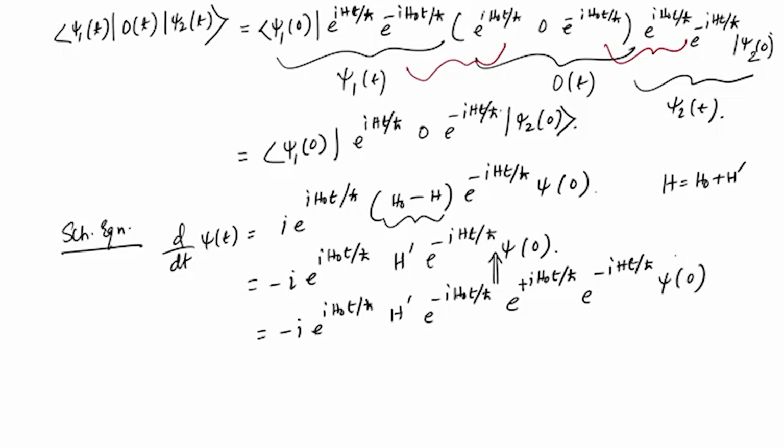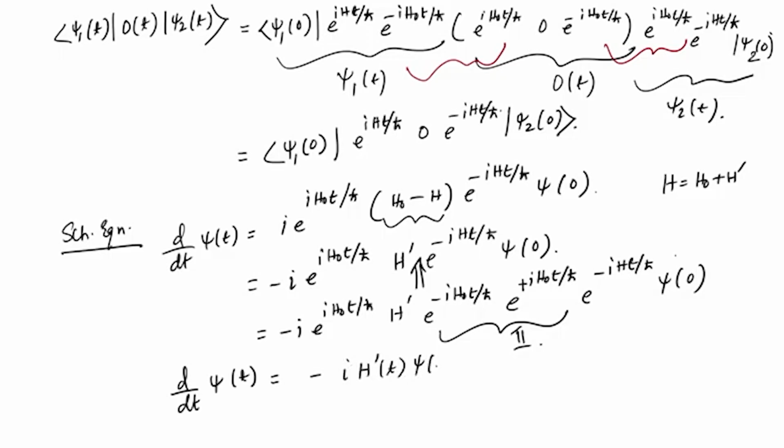So, what I did is that I have introduced the identity here, which is through this. So, this is equal to 1. I have just introduced a 1 there, and this tells you that the equation of motion for the wave function in the interaction representation is minus i H' t ψ(t).